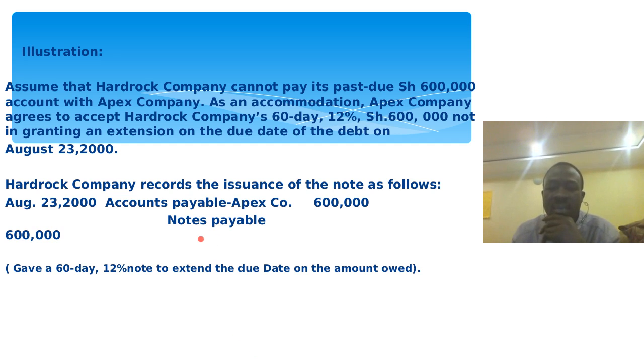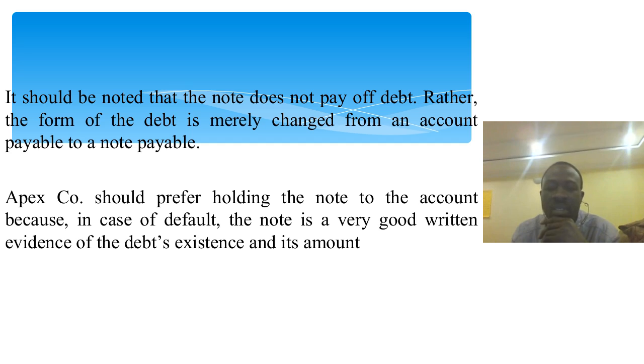So that is how we record that transaction: we debit the accounts payable, which is the Apex Company, and we credit the notes payable with the same amount.